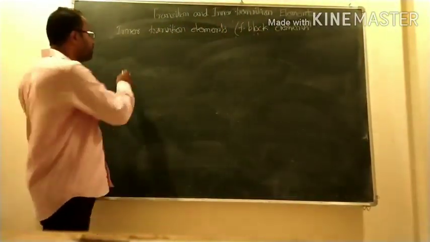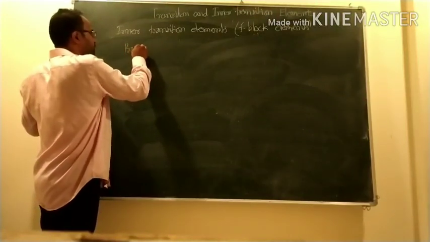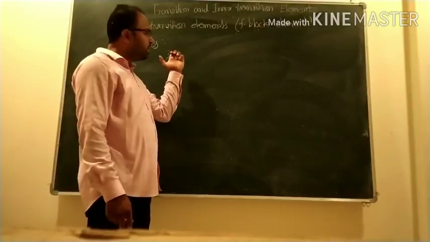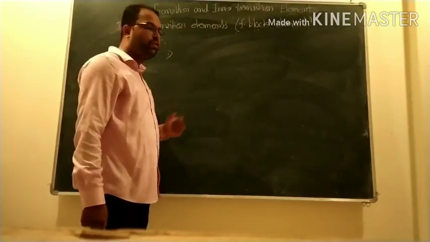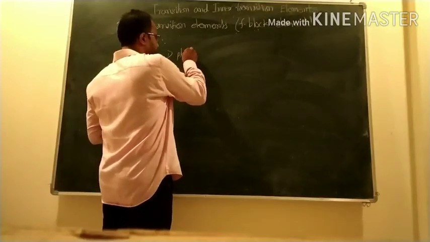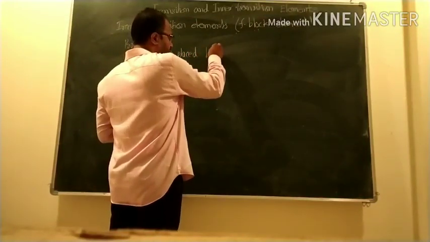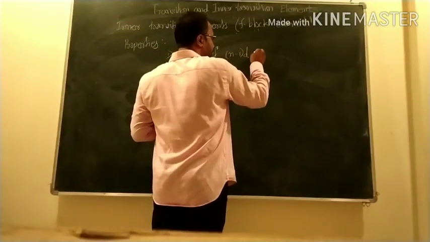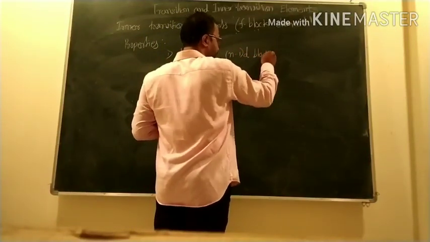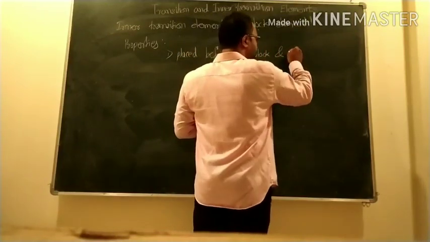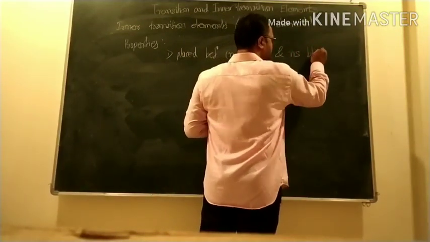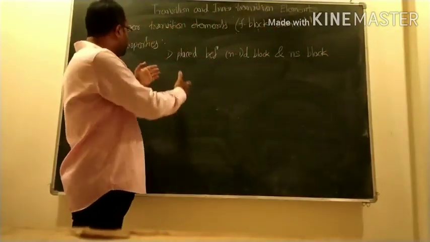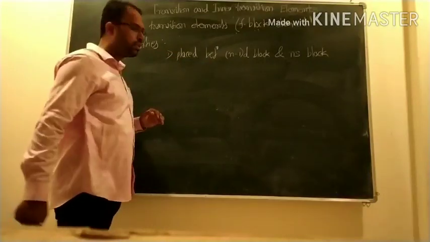First, they are placed between the (n-1)d block, that means transition elements, and the ns block, that means s block. So they are near about between the d block and s block.